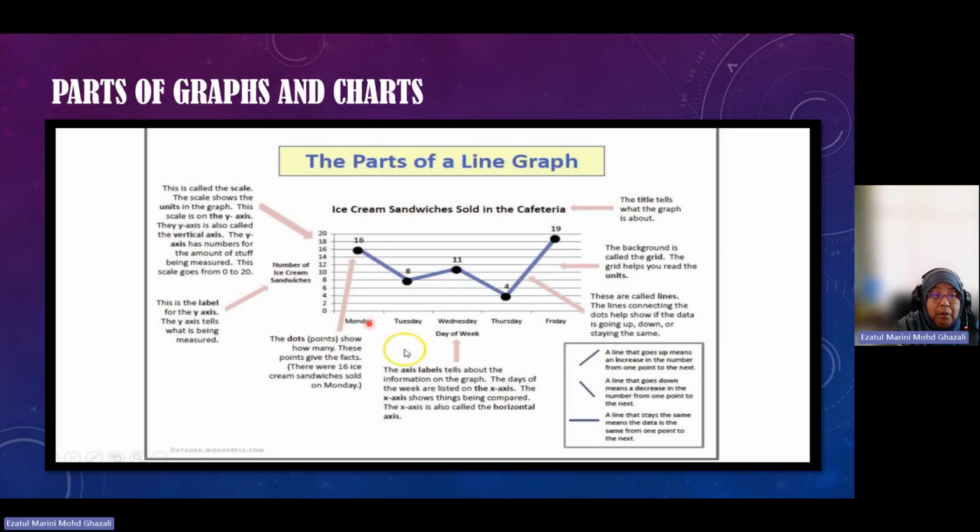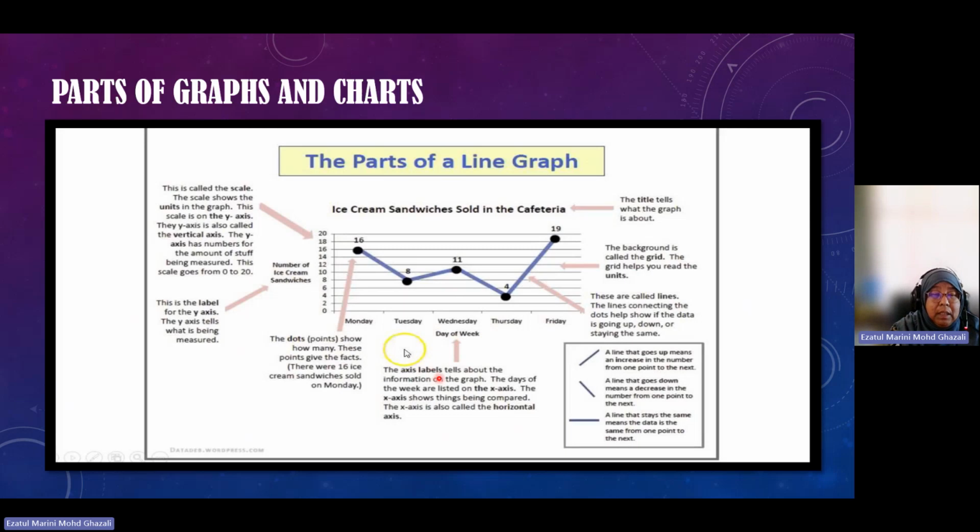Right. If you look at the x-axis, this is the x-axis, and if you look at the Monday, Tuesday, Wednesday, Thursday, Friday, that is the label, day of week, the axis label.